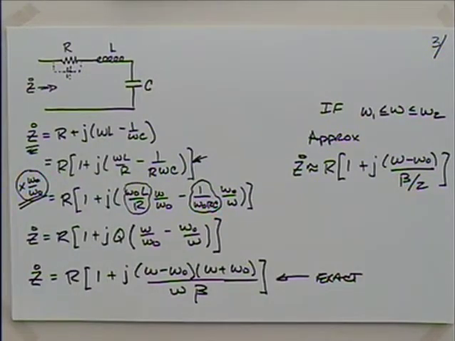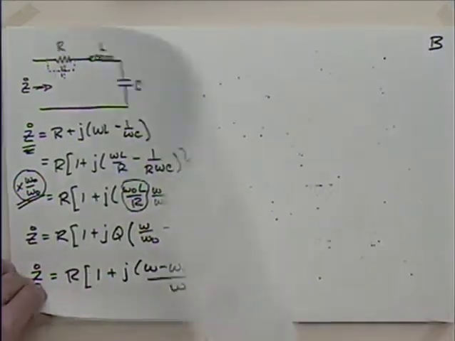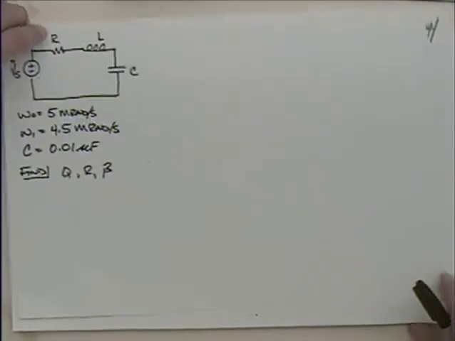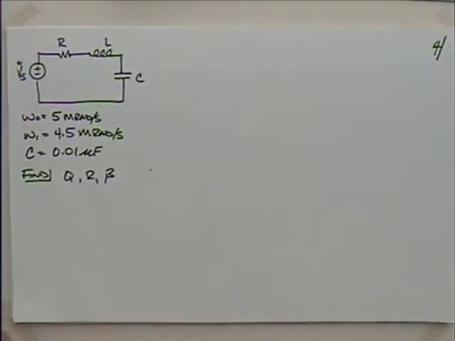Well, so we've opened the can of worms on series resonance. Let's give this a little more thought with a problem. So let's say that I've got a problem like this. We're not given very much about the circuit. We just know it's series resonance.